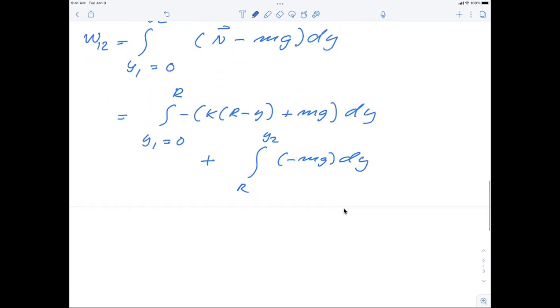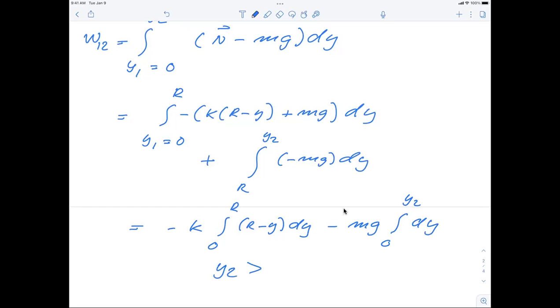When we write it up, we get minus K from 0 up to r of (r minus y) dy, and then minus mg from 0 up to y2 of dy. The assumption we've made is that y2 is larger than r.